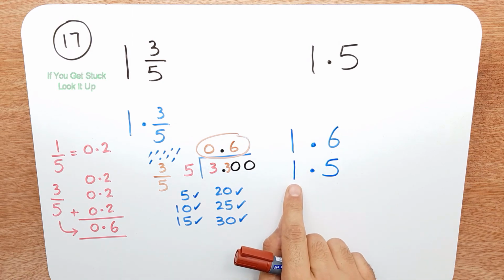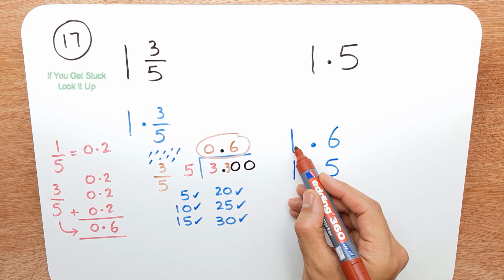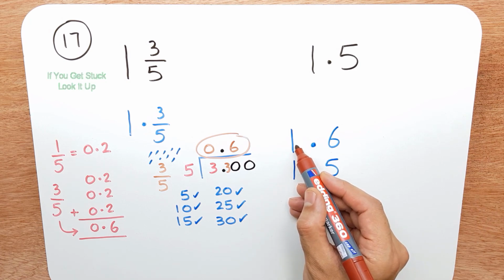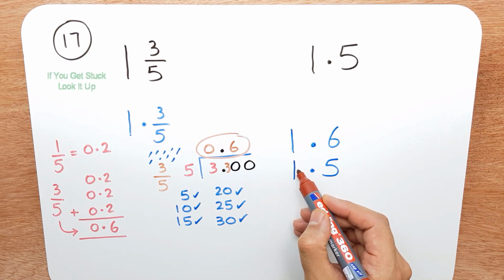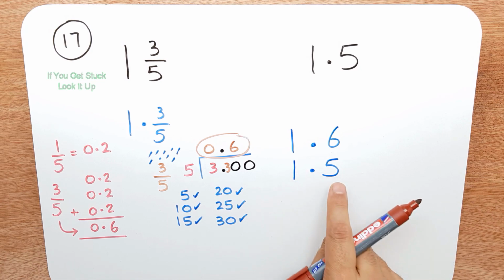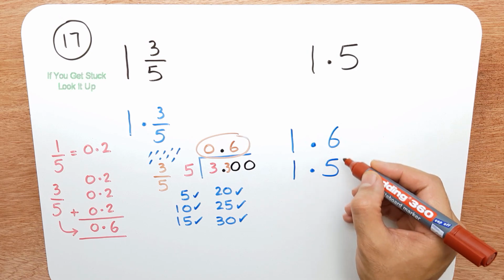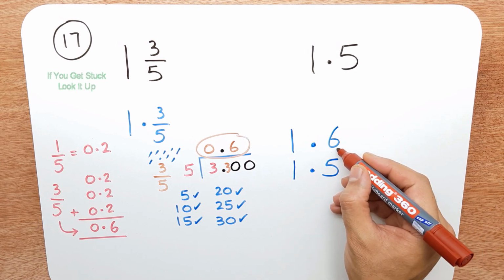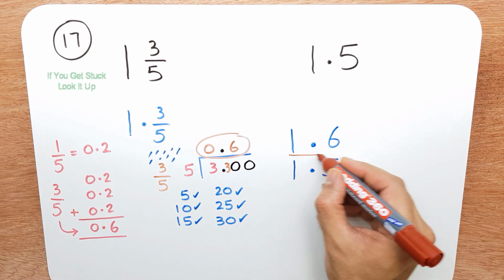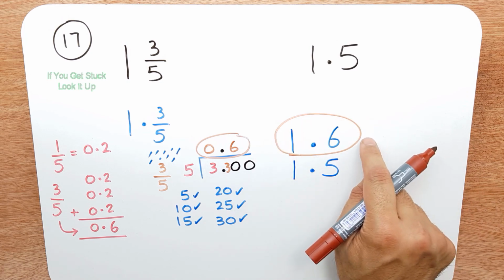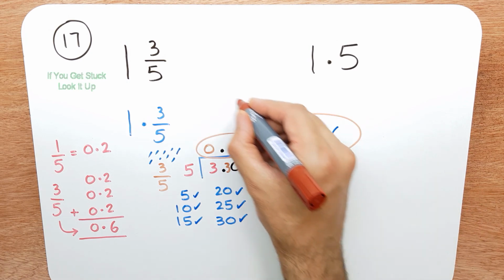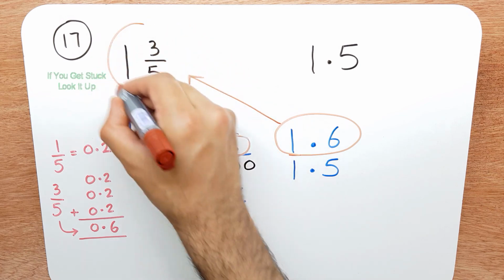Now I always start on the left. I'm going to compare the ones column where it's 1 and 1, so they're both the same. So now I move on to the tenths column, and I can see that's a 6 and that's a 5, and the 6 is bigger than the 5, so I know this is the bigger number, and that has come from there. So I'll circle this.